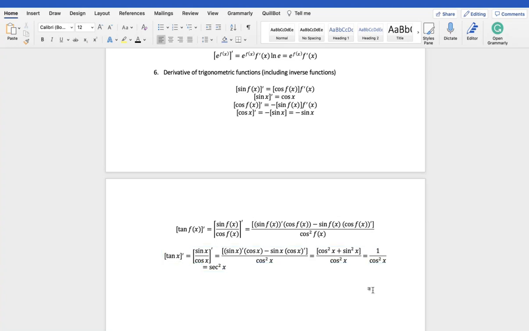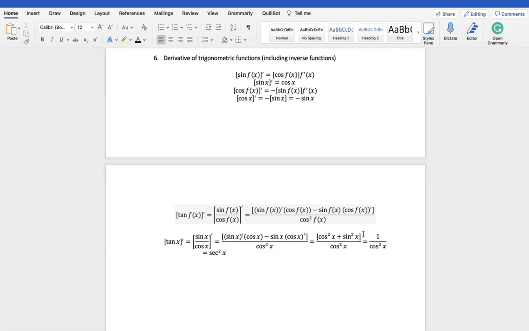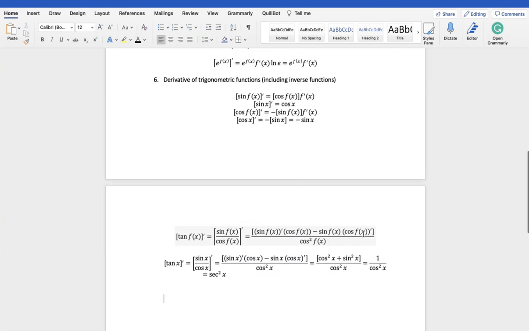So if you look at your original identities, you can see that the derivative of tan of x is just equal to sec squared of x. So this is where it comes from; it comes from this general form here. And that's how you would solve it. So that is it.